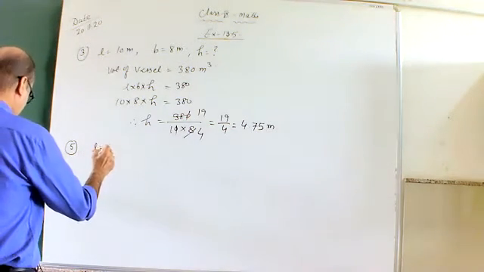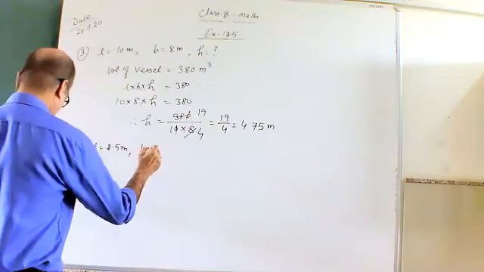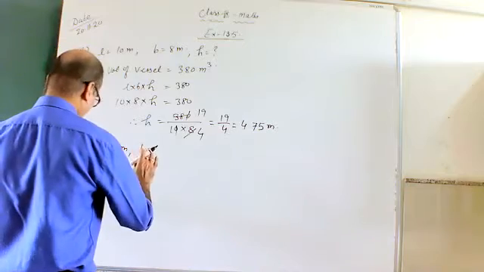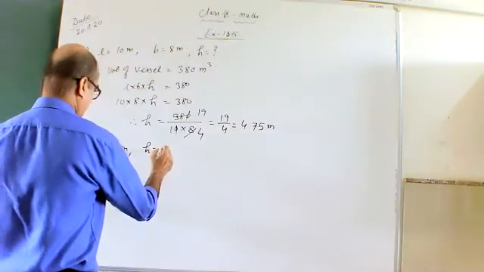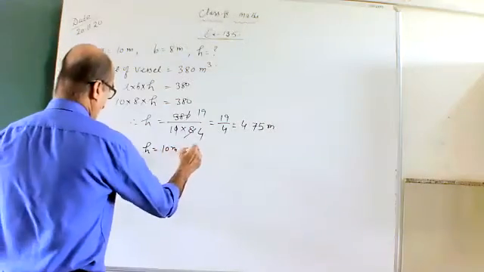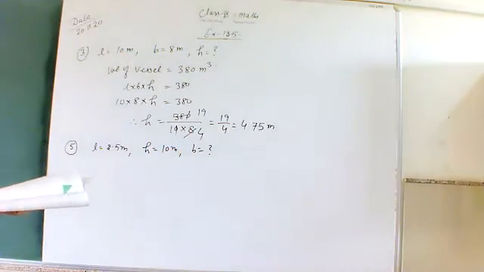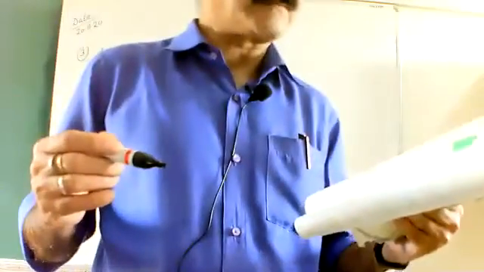Length of the tank is 2.5 meters and depth is given. You need to find the breadth. Depth means height. Height is given as 10 meters. You need to find the breadth of the cuboidal tank, and the volume of the tank is 50,000 liters.